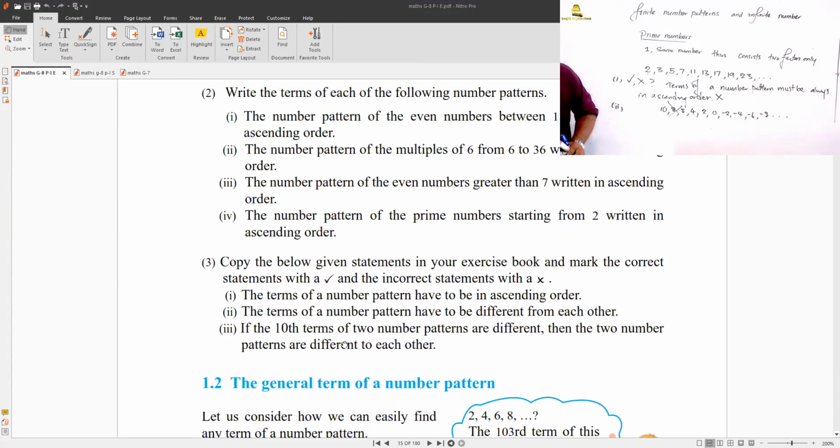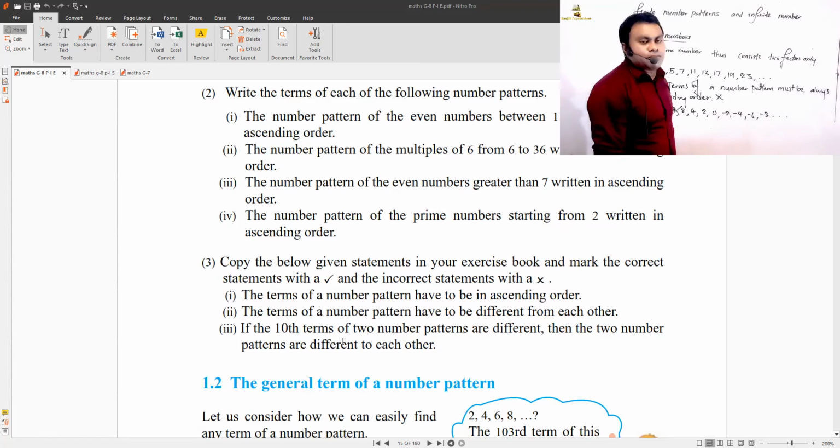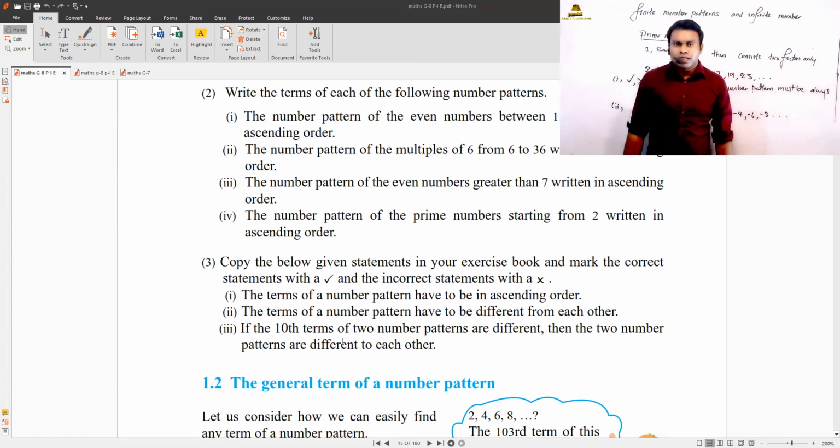Okay. If the 10th terms of two number patterns are different, then the two number patterns are different from each other. What do you think about that? Correct. Yes, that's correct.